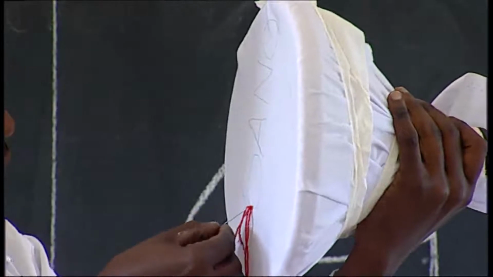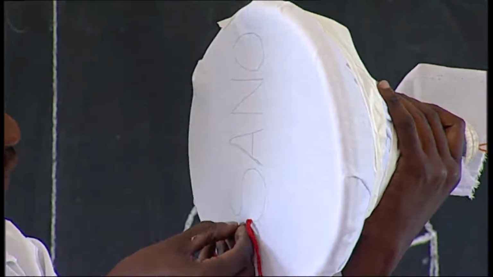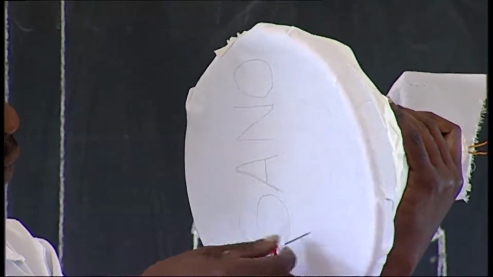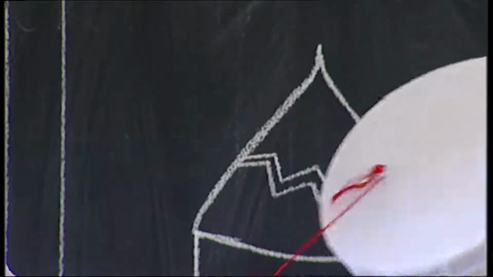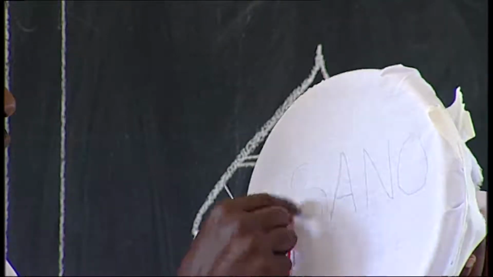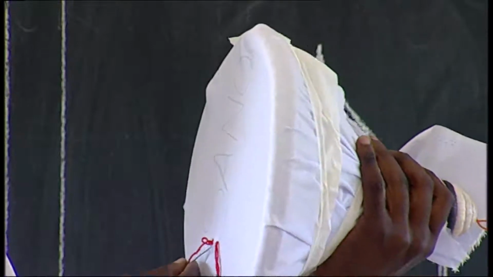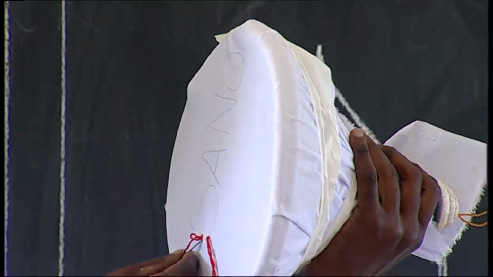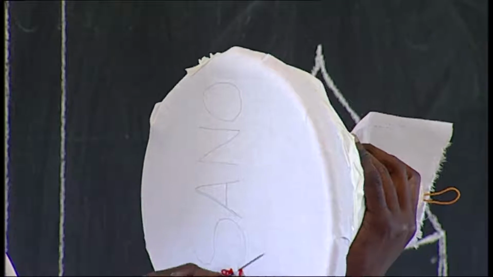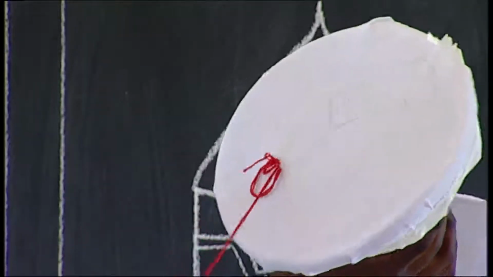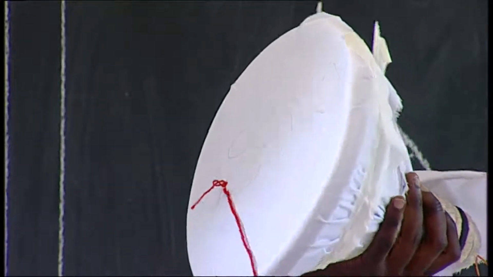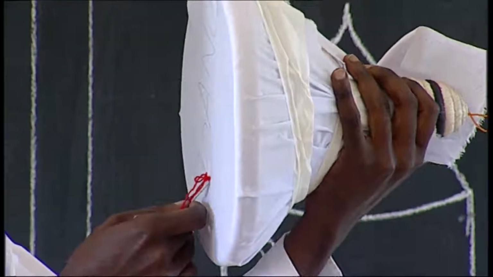Slowly, I'm putting the name Sano on a piece of cloth. I want to put the name Sano on this piece of cloth using a needle and a thread. Slowly, like this. I continue.